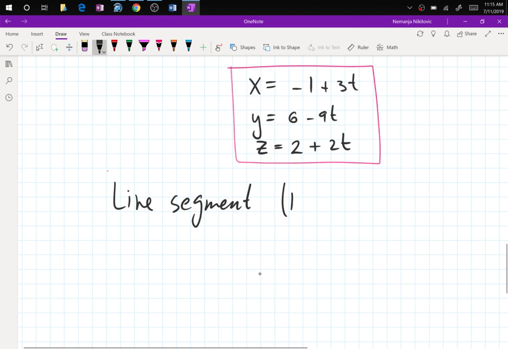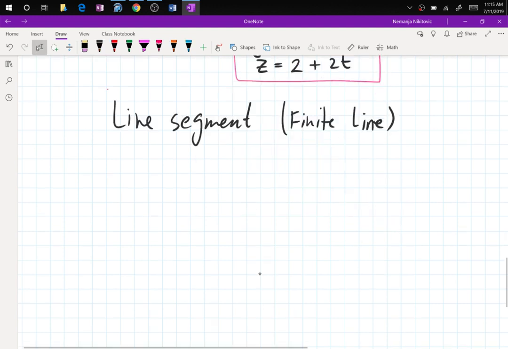So, line segment, finite line. You get to limit the line by simply limiting t. If you limit your t from, let's say, 0 to 2, then your line will have endpoints, and this is the part that you need to know in order to be able to do your chapter 17, line integrals. Line integrals are on a line segment, of finite length.